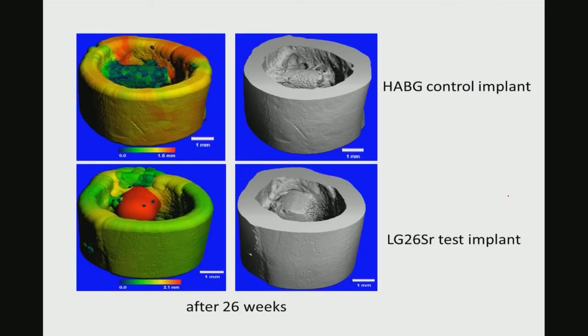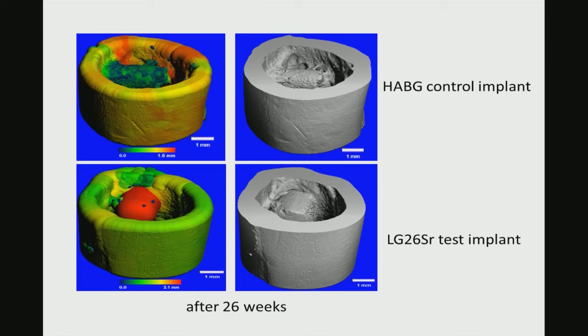This is another interesting result in the microcomputed tomography. It gives a color contrast in this left hand panel. This color contrast tells you the thickness of the tissue. Okay. Tissue thickness is shown in different colors, for example 2.1 millimeter, which is the more red. So, around 2 millimeter tissue thickness is there.